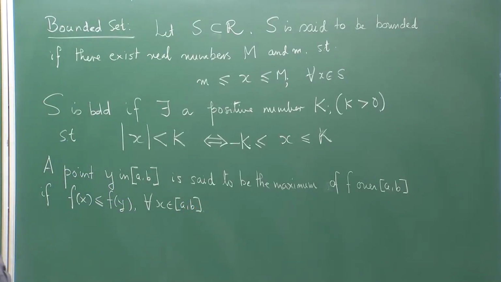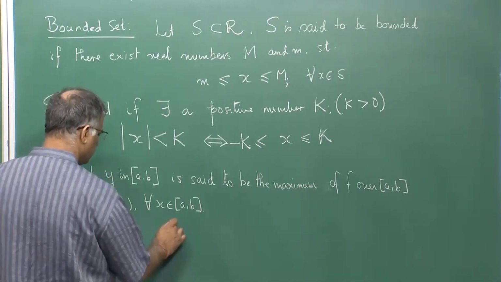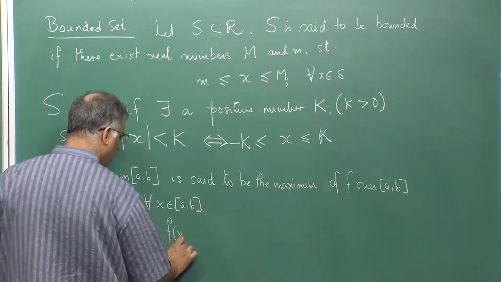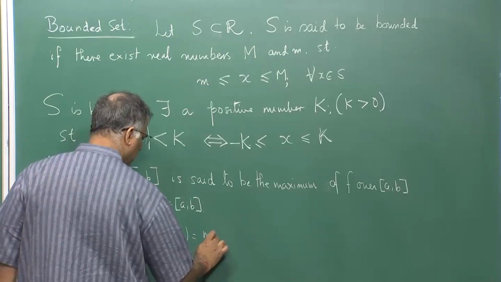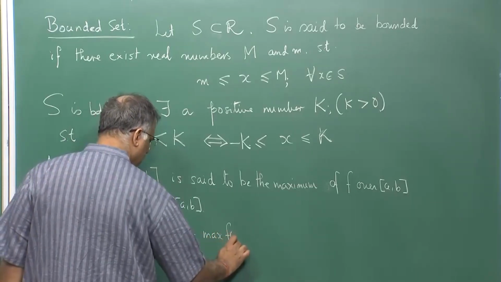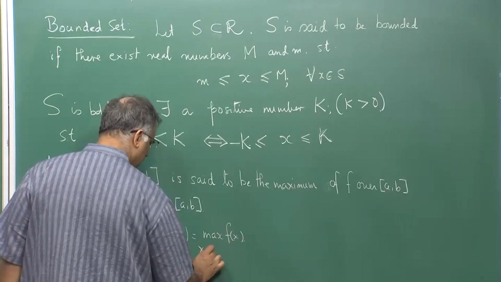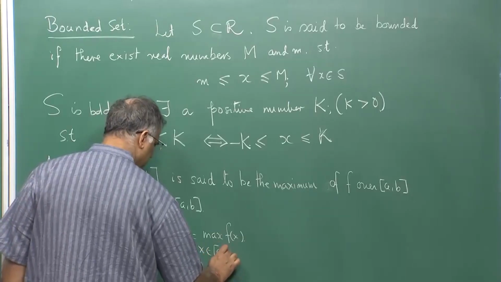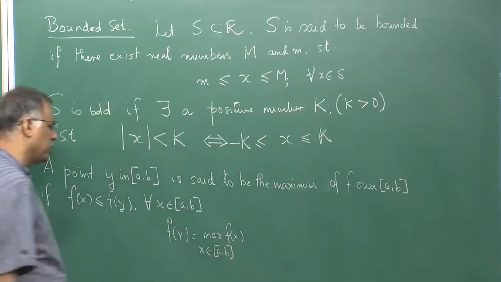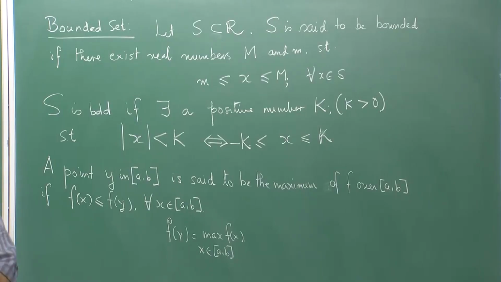Sometimes we write this as f of y is equal to the max of f of x, x an element of AB. This is another notational way of writing what we have just written down. So, that goes for the maximum.